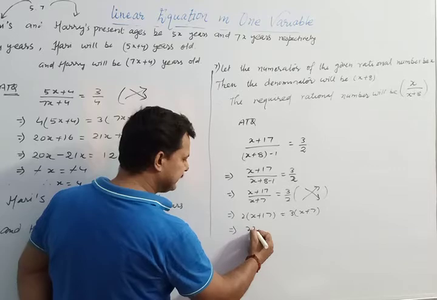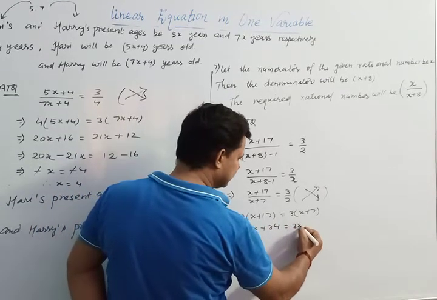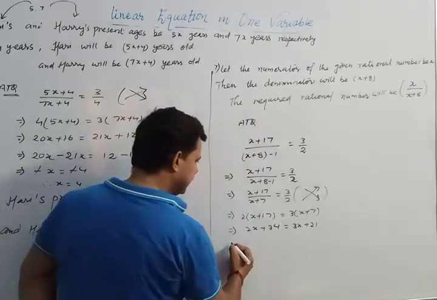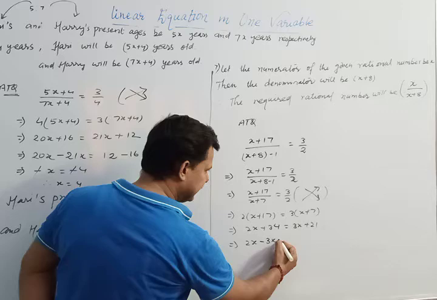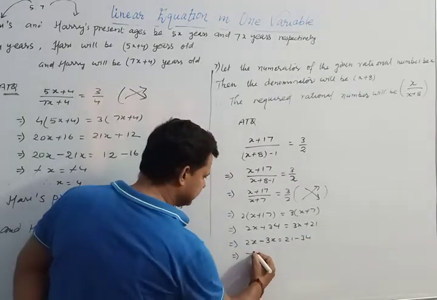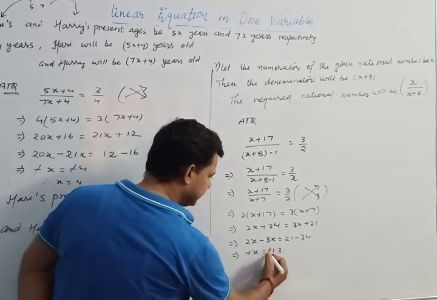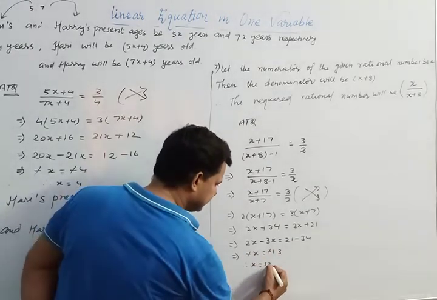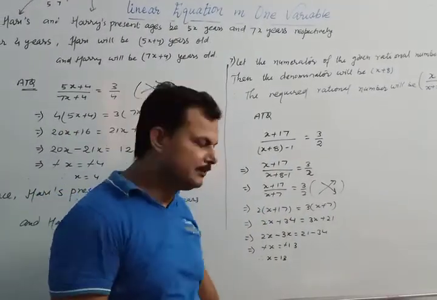Now open the bracket. Now 2x is here, 3x will be transposed here, minus 3x, minus x, minus 30. The x is the numerator, but we have to find the rational number.